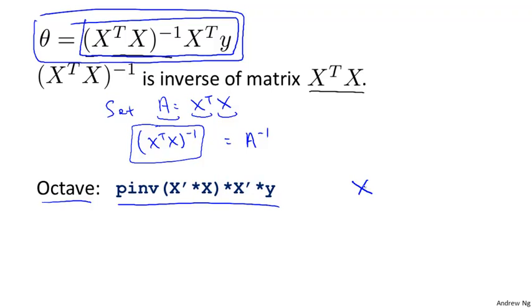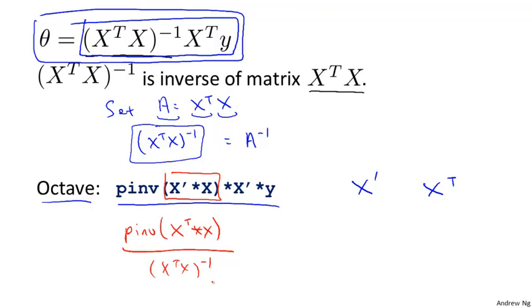In Octave, X prime is the notation you use to denote X transpose, so this expression that I'm boxing in red is computing X transpose times X. pinv is a function for computing the inverse of a matrix, so this computes X transpose X inverse, and then you multiply that by X transpose and by y, so you end up computing that formula.